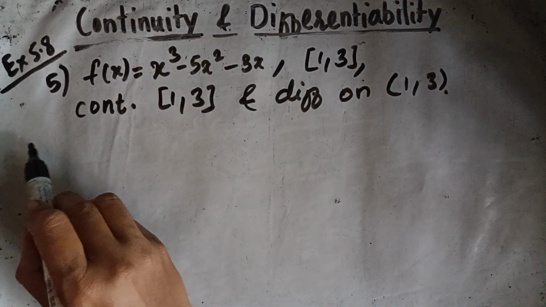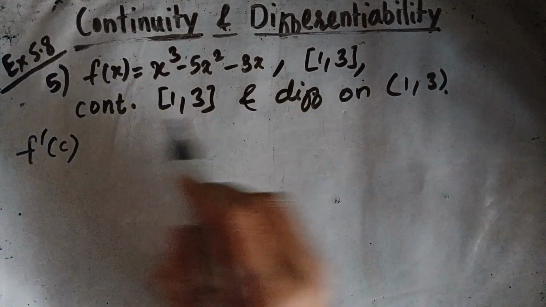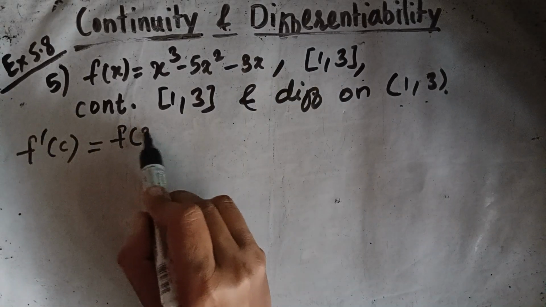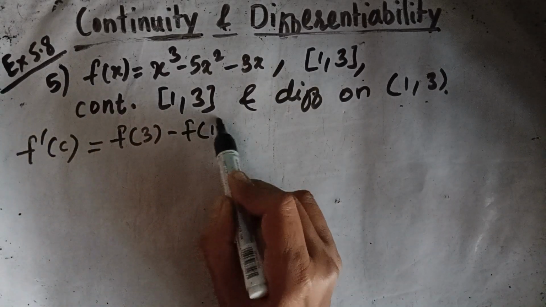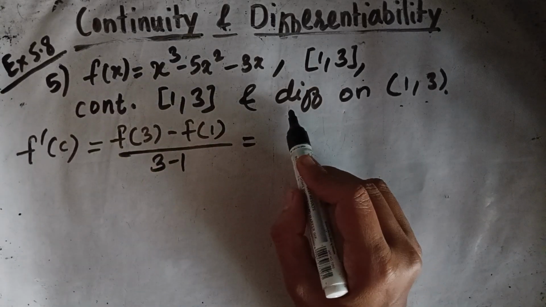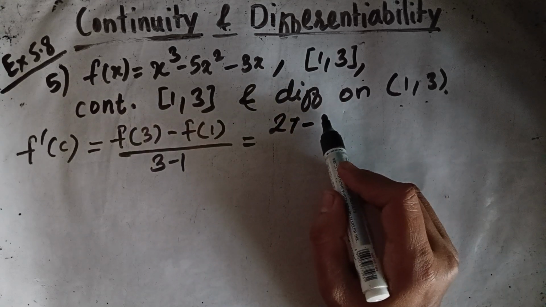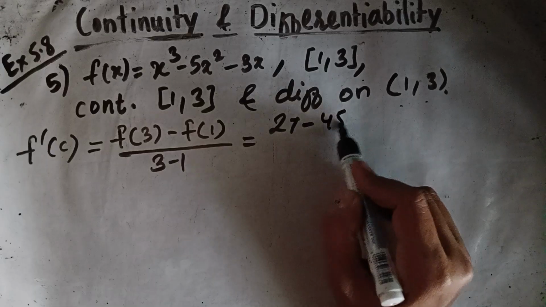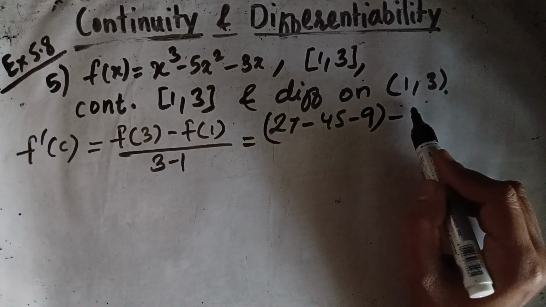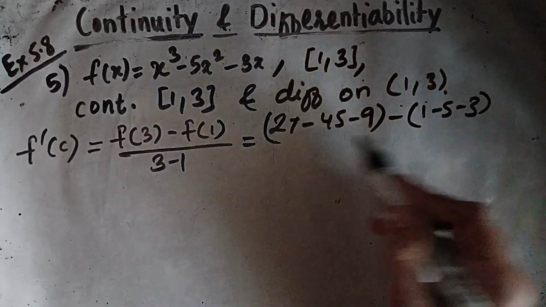And using mean value theorem, there exists a c belonging to (1, 3) such that (f(3) minus f(1)) upon (3 minus 1). So this is 3 cube 27 minus 45 minus 3 3 is 9, minus f(1) minus 5 minus 3.